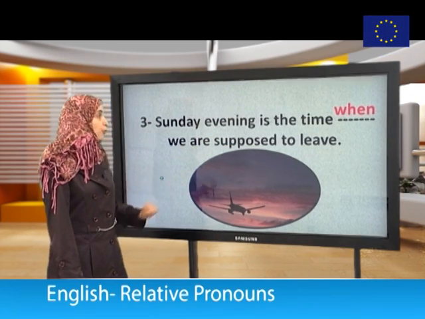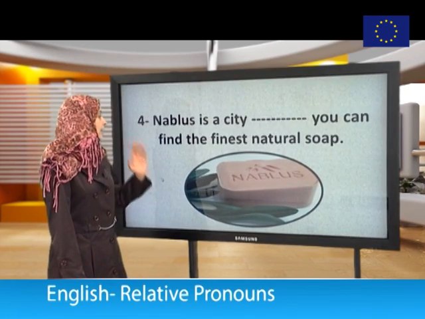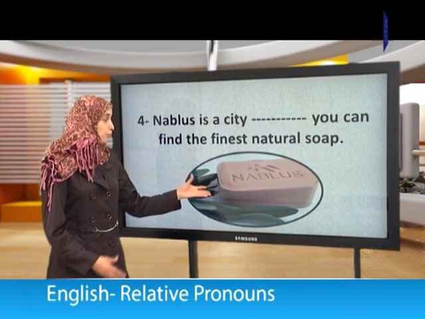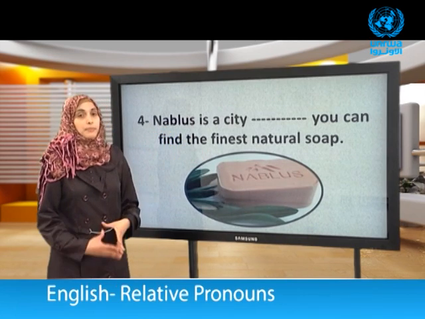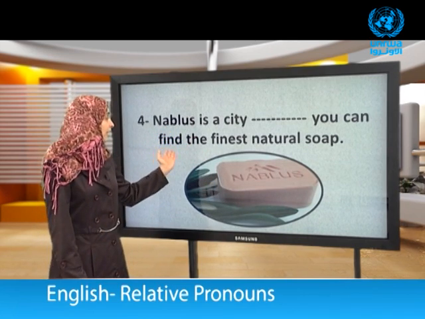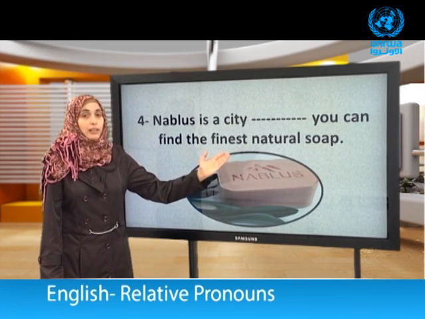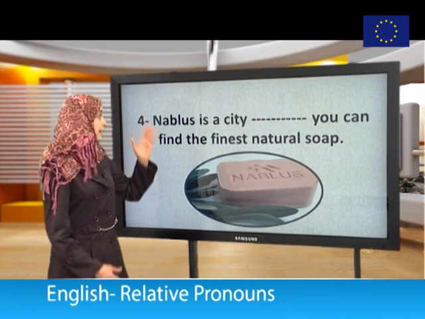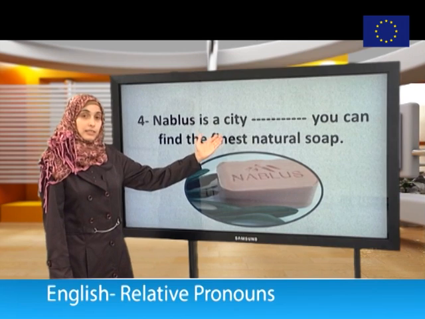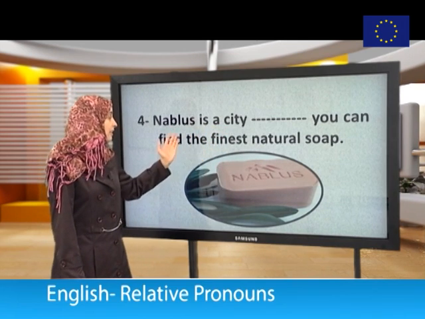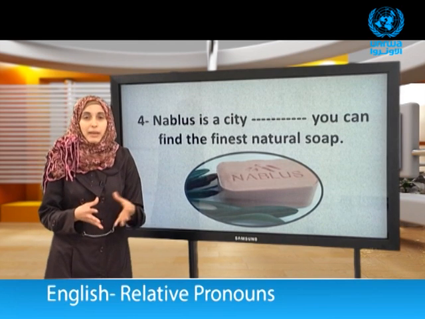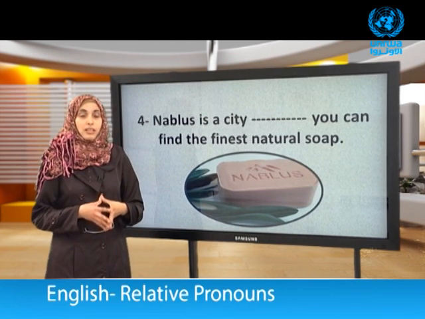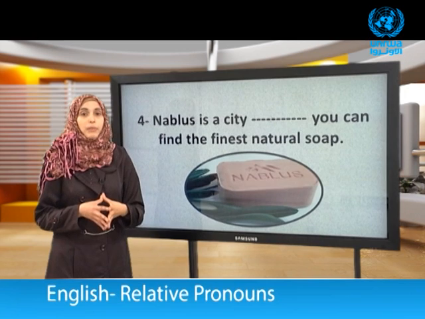Let's move to number 4. Look here, this is soap. Nablus is a city. You can find the finest natural soap. Think, what is the main focus here? The main focus here is on the place.